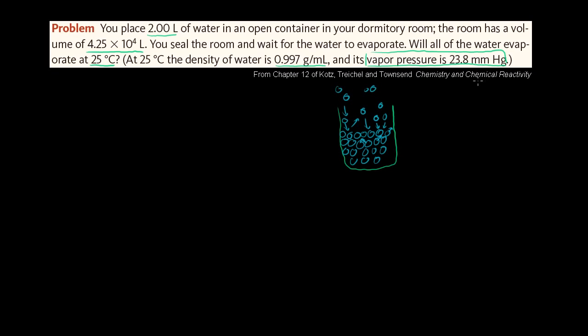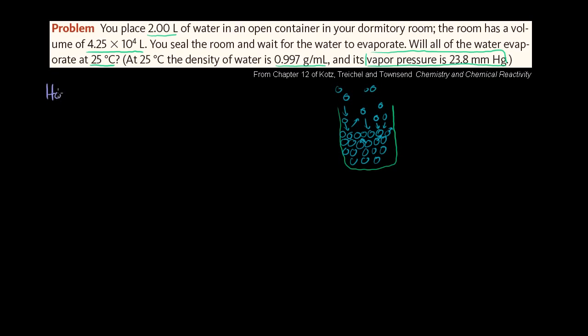Now, what we need to do to figure out this problem is say, okay, if we could figure out how many molecules of water need to evaporate to give us this vapor pressure, we can then use the density of water to figure out how many liters of water that is. So how do we figure out how many molecules? Let me write this down.